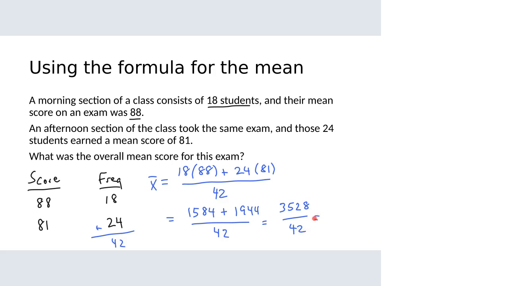How about that? Came out to a whole number, 84. And so the overall mean here would be 84. Not the same thing you would get if you just did 88 plus 81 divided by 2. So we want to make sure we count everyone who took the exam, and the way that we do that is by looking at 42 data points here instead of 2.